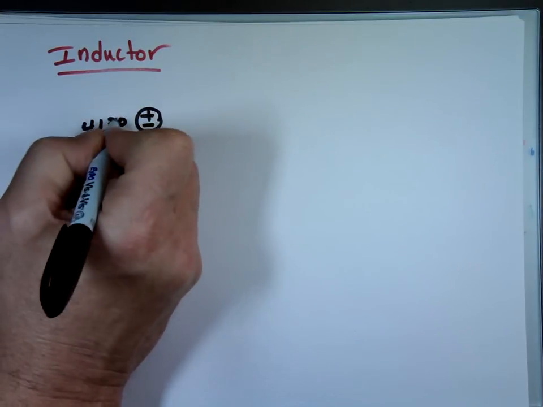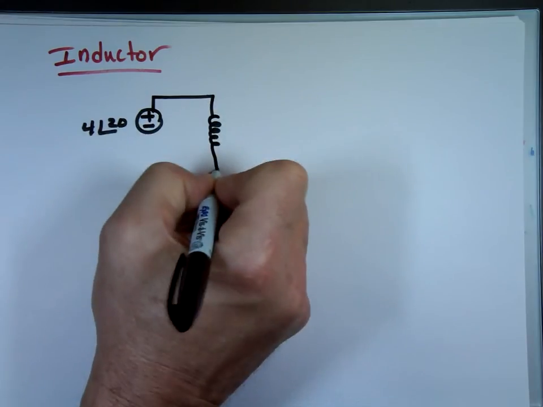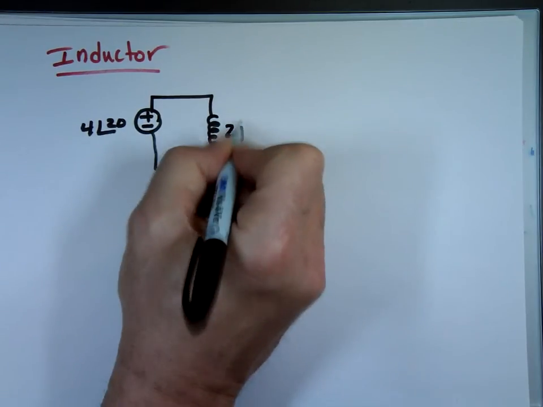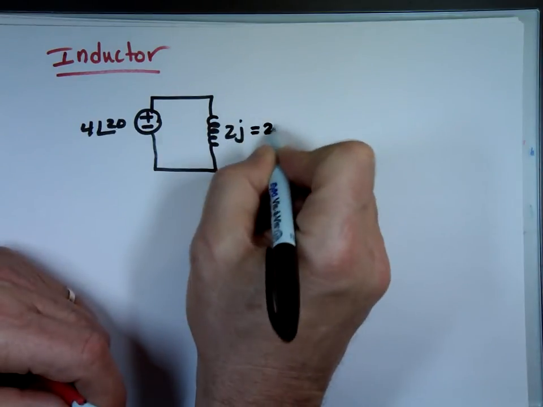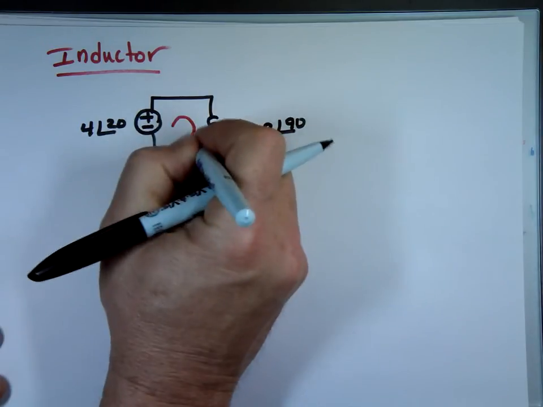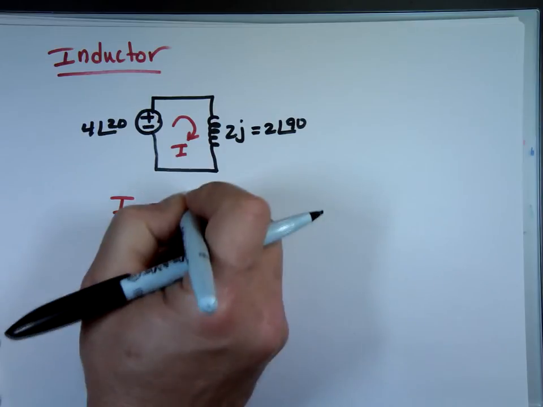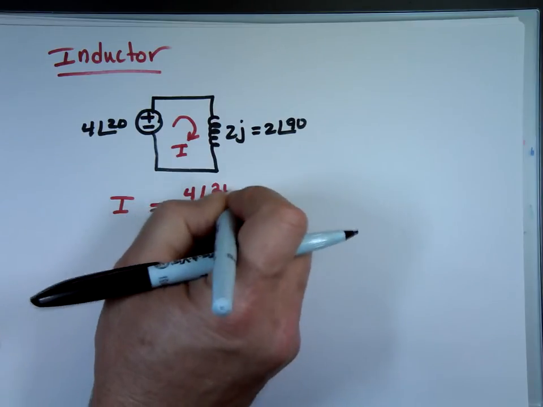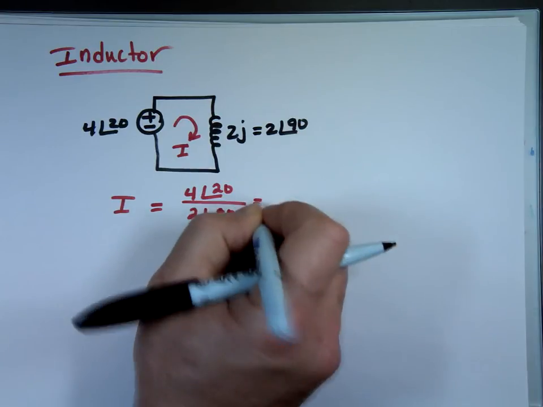Instead of 2 ohms, the inductor will be 2J, which means 2 angle 90. Can we calculate what the current is? 4 angle 20 over what? 2 angle 90. What do we have? 2 angle negative 70 degrees.